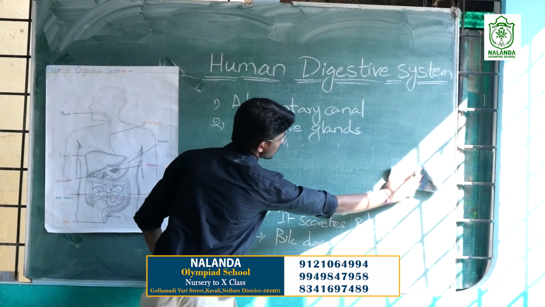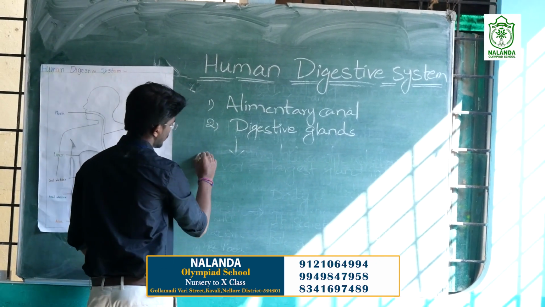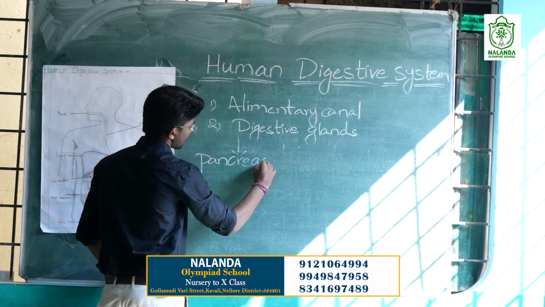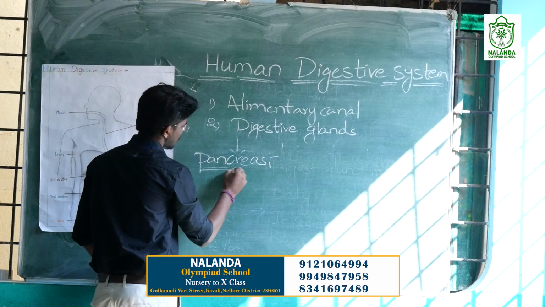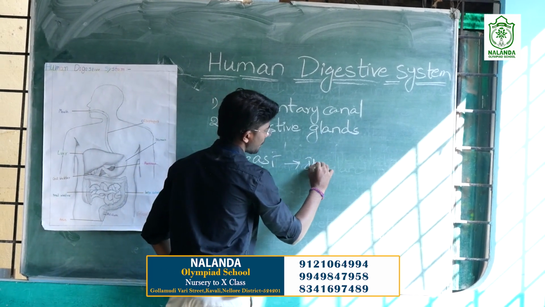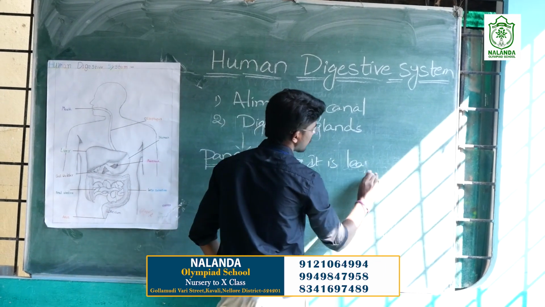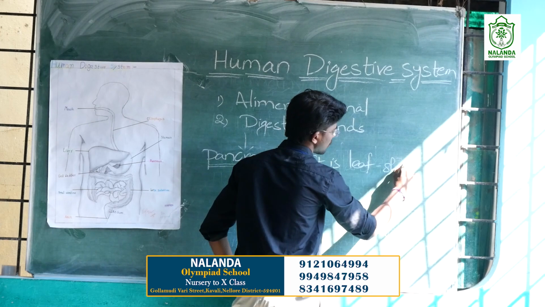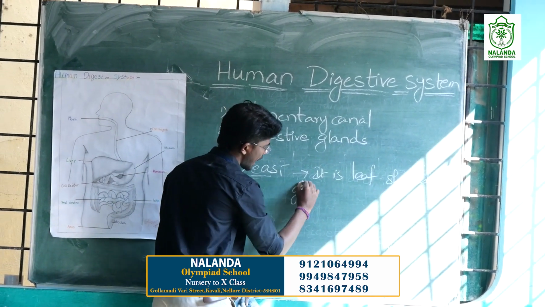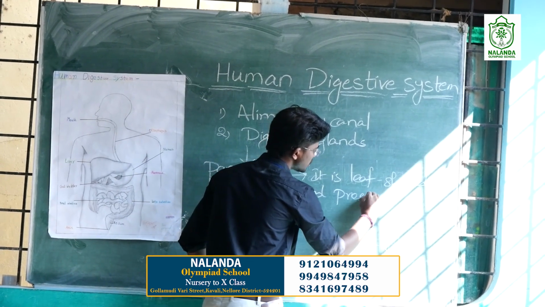Another one is the pancreas. Children, it is a leaf-shaped gland present below the stomach.